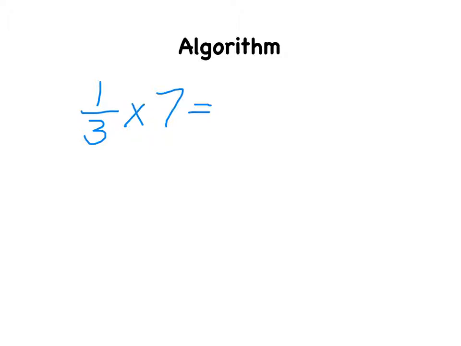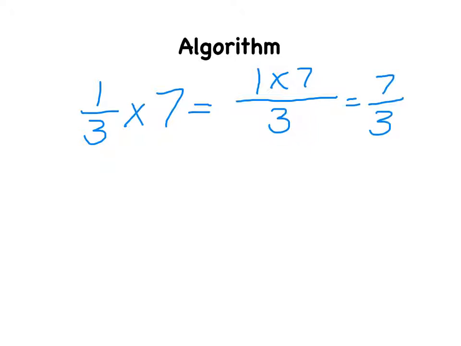Well, we want the kids to conceptually understand where that answer is coming from. Once they understand that, then yes, we can move to a more efficient way of solving by doing the algorithm. If you look at 1/3 times 7, we can rewrite it as 1 times 7 over the 3, which would give us 7/3.